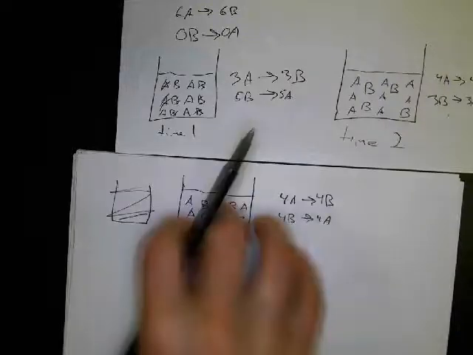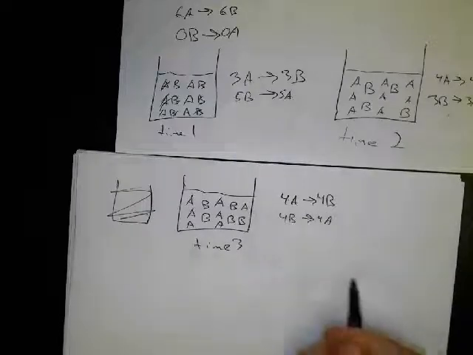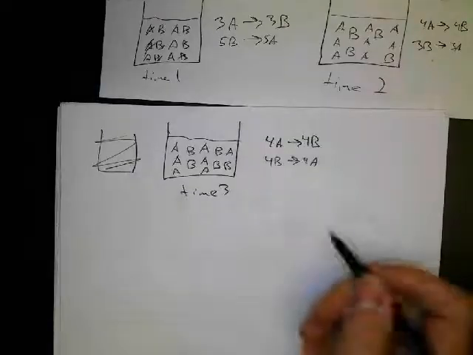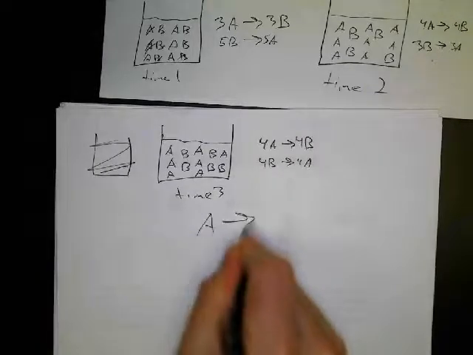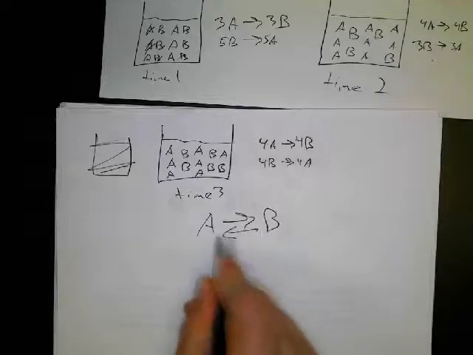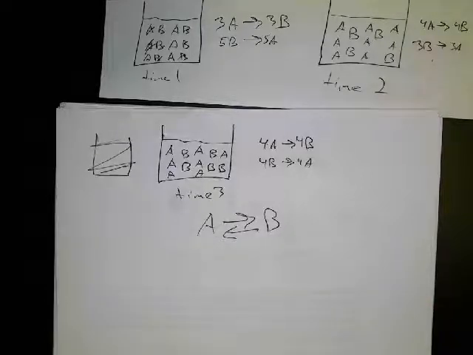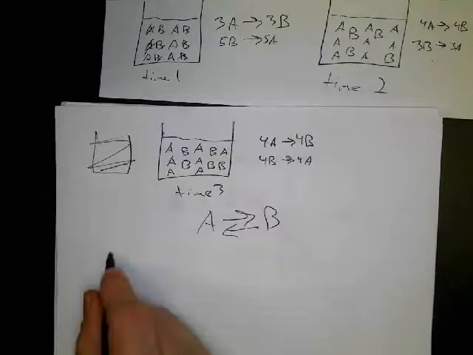And from this point on, this will continue to happen. So at some point we reach a situation where the forward reaction, which is A turning into B, is happening at the exact same speed as the backward reaction of B turning into A. Once you get to that point, we have what we call a chemical equilibrium.